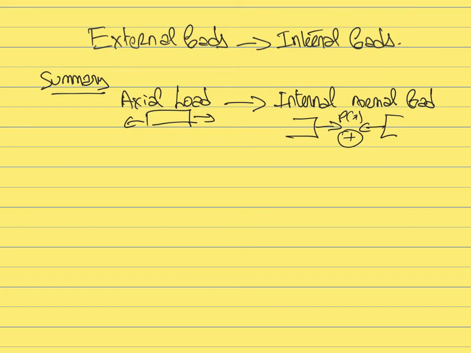We need to define a convention because, again, necessarily the load applied by the right to the left is going to be the same magnitude but opposite direction as the load applied by the left to the right. So necessarily one load will point towards the right, another load will point towards the left, depending on whether you isolate the left or the right part of the beam. So we need to decide what is a positive internal load and what is a negative internal load.